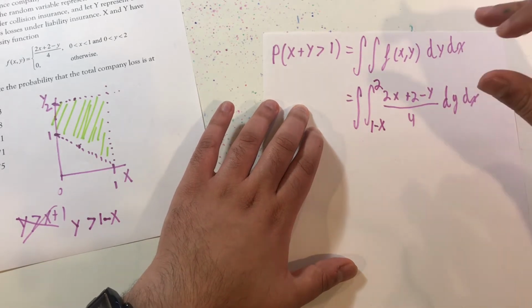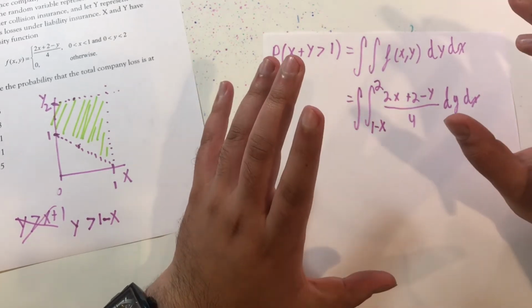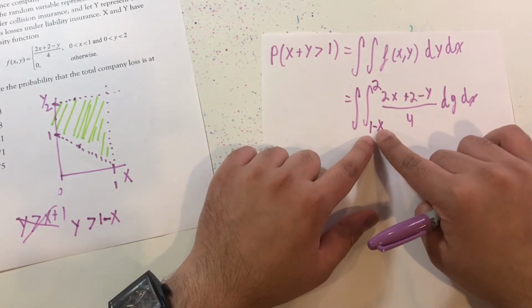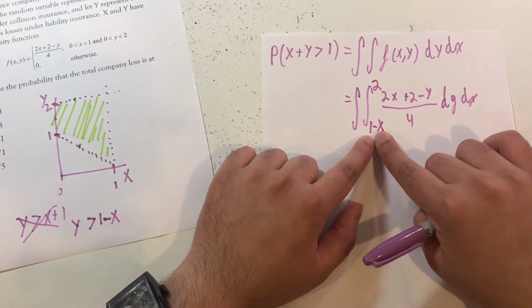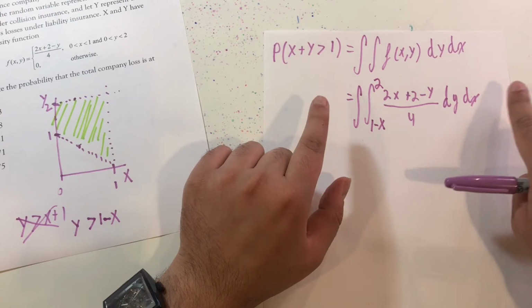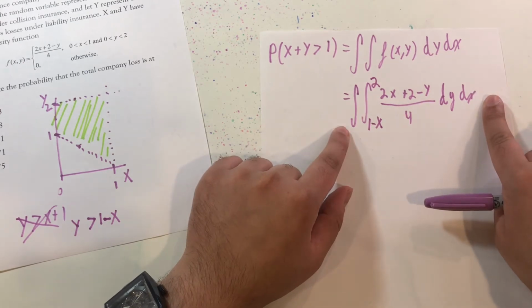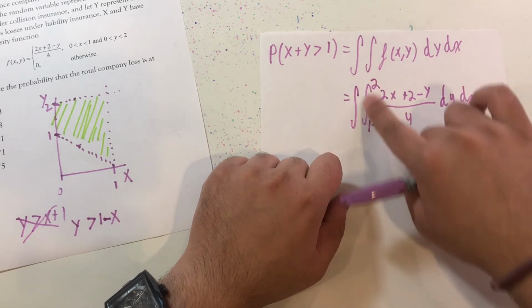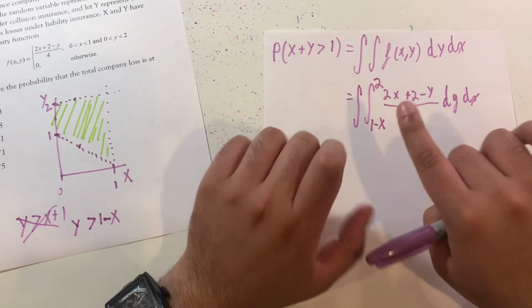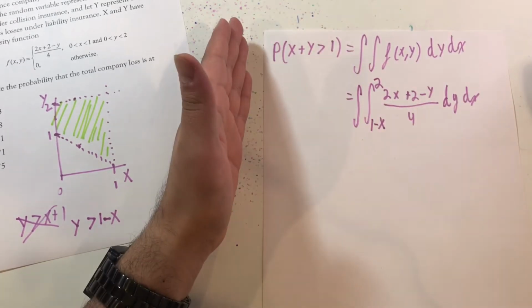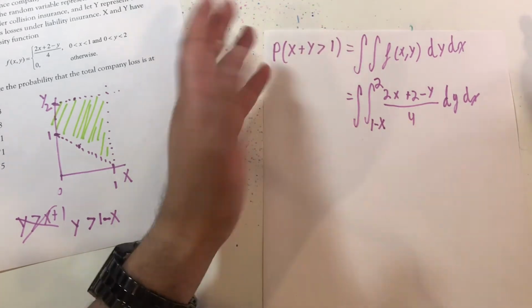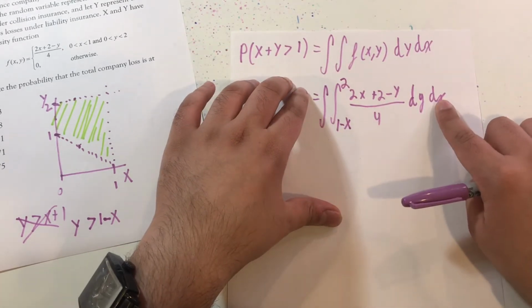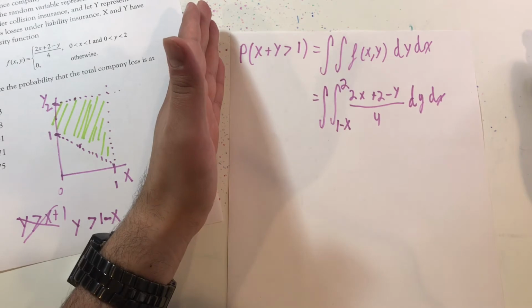Now, here's the thing about bounds of integration. I'm allowed to have variables here as long as those variables exist on the outside of my integration. I can have an x variable in this integral as long as there is an integral involving x somewhere on the outside.